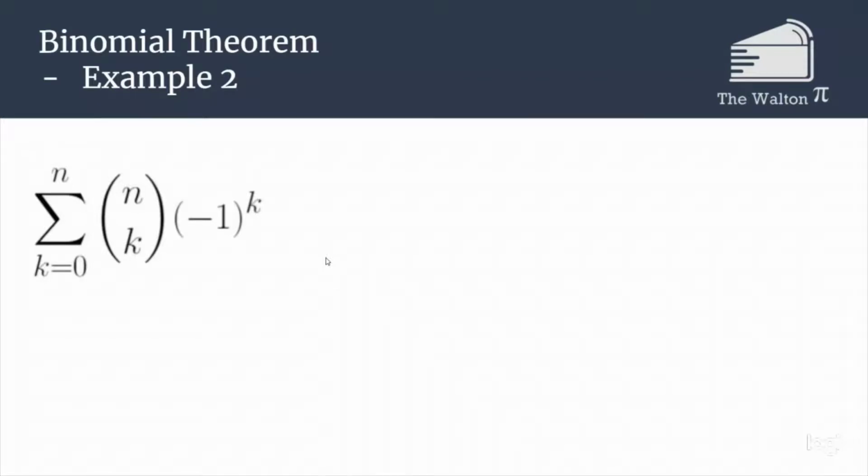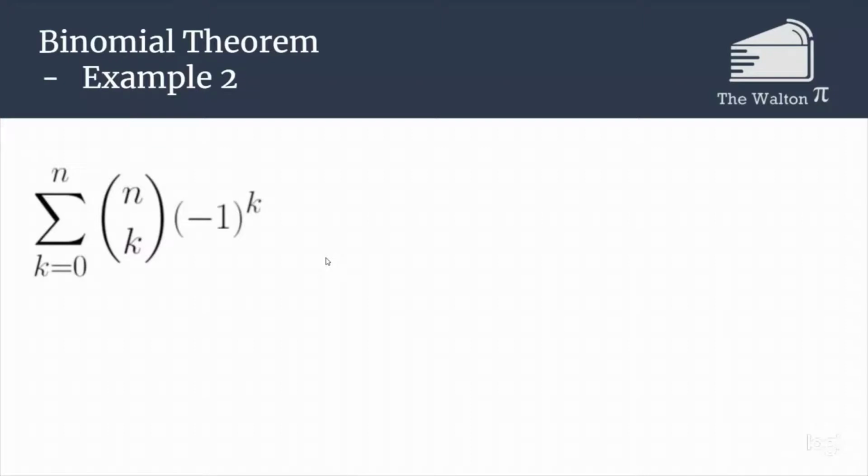Now, this doesn't quite match up with the binomial theorem. Remember, we needed an x to the n minus k and a y to the k. So we have the y piece, but not the x piece. So the trick with this one is to recognize that we can always multiply by 1.